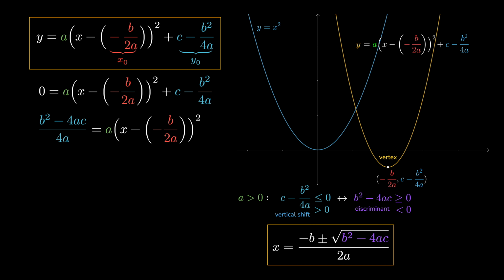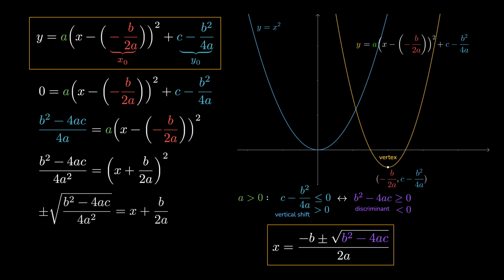Then we divide throughout by a, take the square root of both sides, and then subtract b over 2a from both sides, which finally simplifies to the quadratic formula.